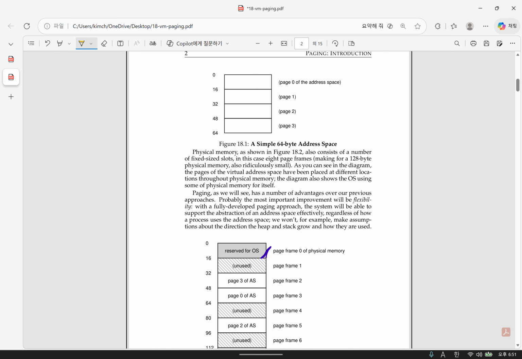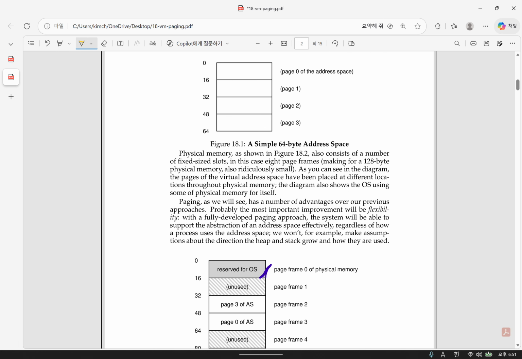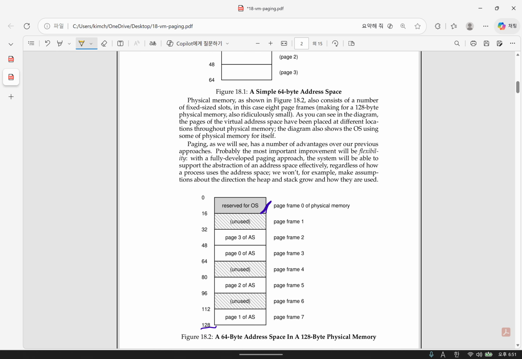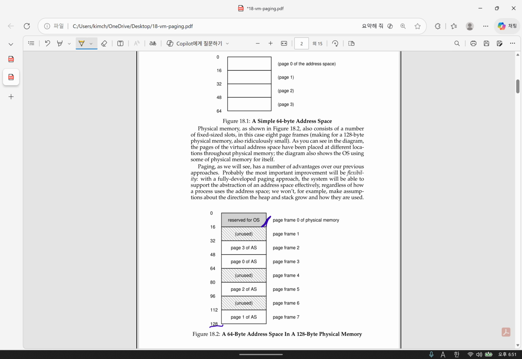So the physical memory, as shown in figure 18.2, consists of a number of fixed size slots, eight page frames, right? So it's 128 kilobytes. Oh, sorry, it's just bytes. There's no kilo. I was so used to using kilo from the previous chapters.